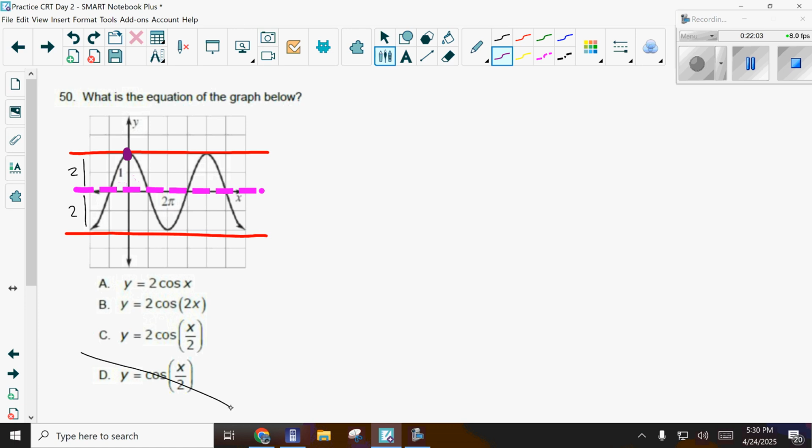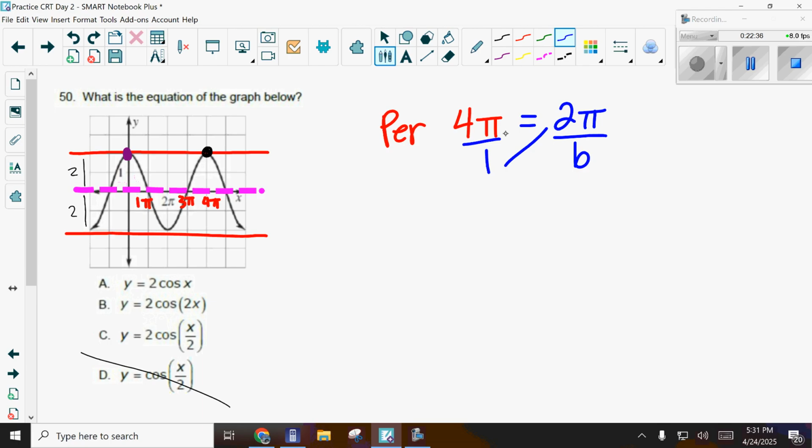Last thing we're going to have to do is figure out the period. Now the nice thing about a cosine is the end of the period of the cosine is going to be the next maximum. So that point right there. So what we need to figure out is what is the value on the x-axis there. So if that second line is 2 pi, that means this is 1 pi. So this would be 3 pi, and this would be 4 pi. Now, if my period is equal to 4 pi, and the period formula is 2 pi over b, I can put this over 1 and cross multiply it.